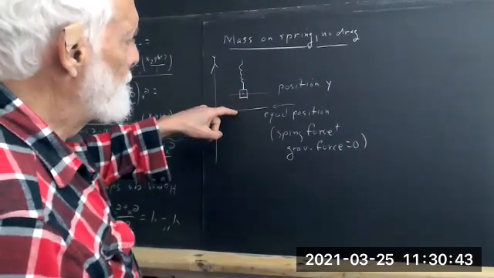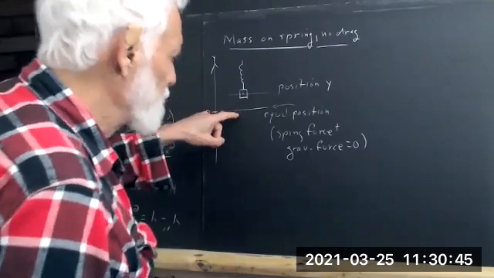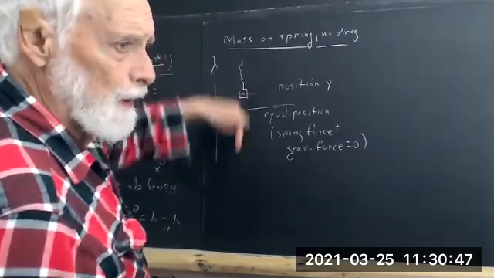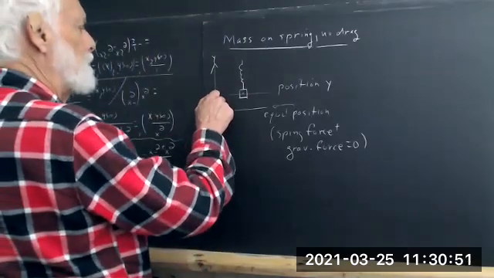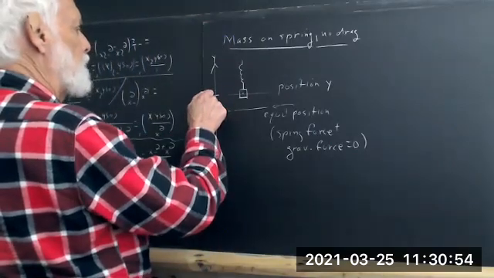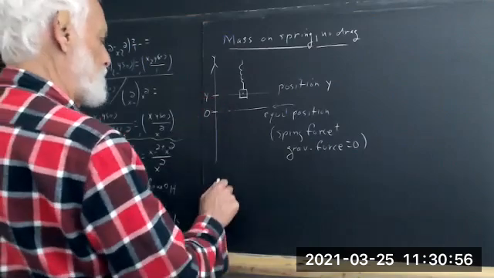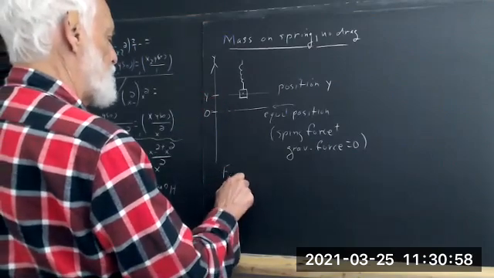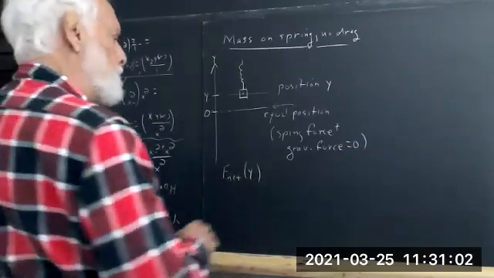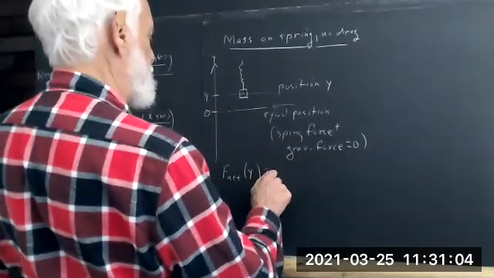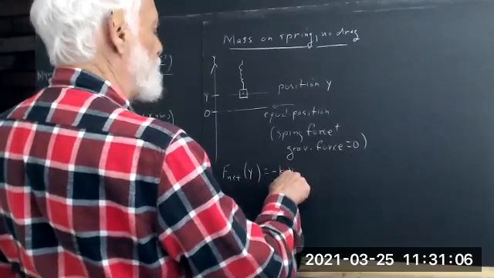So the net force is going to be downward, okay? And we're going to say, okay, with the position y, F net at position y is negative ky.